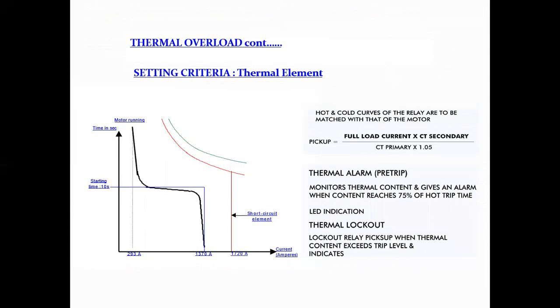The thermal alarm pre-trip value monitors thermal content and gives an alarm when content reaches 75% of hot trip time. LED indication, thermal lockout: the lockout relay picks up when thermal content exceeds the trip level and indicates.